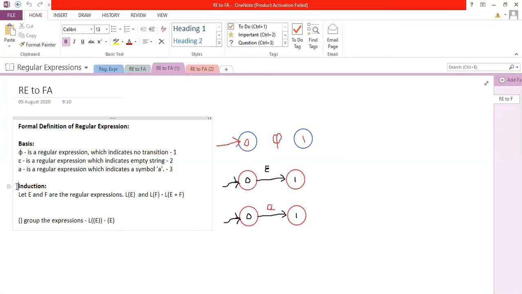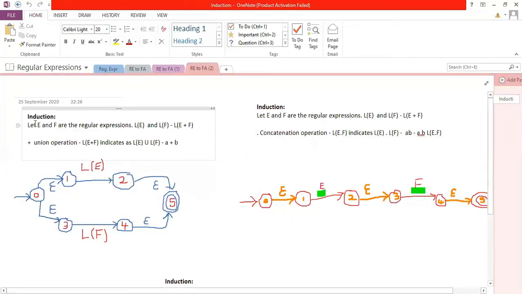So we need to know how to represent them. Before that, we also use parentheses to group expressions whenever they are lengthy, to understand them quickly. Anyhow, let's discuss the induction part of the regular expression in this discussion and wind up the session.